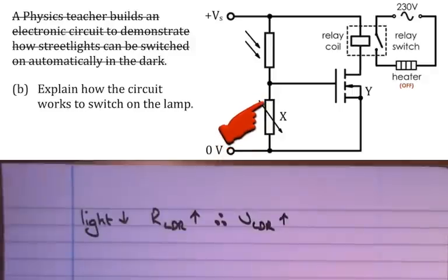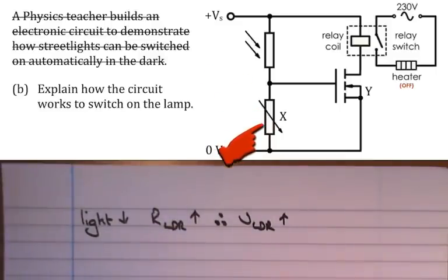Now I'm still really interested in this voltage down here, but we have to talk about how the light level switches on the MOSFET, not varying the value of this variable resistor. This resistance won't change. I want to get on to talk about the voltage across this variable resistor, but I have to start with the LDR.